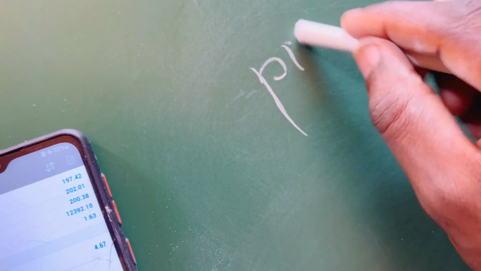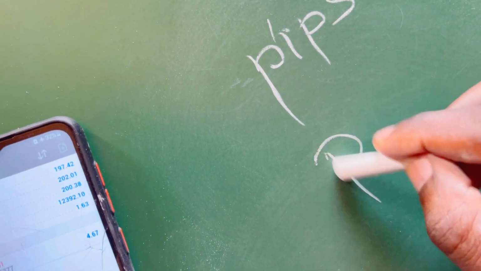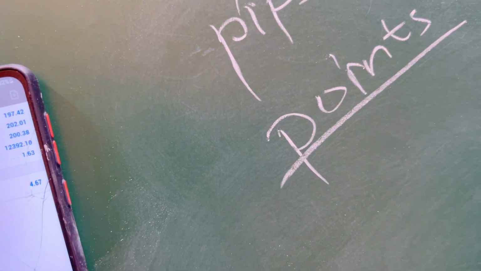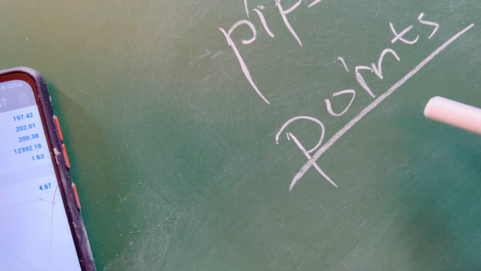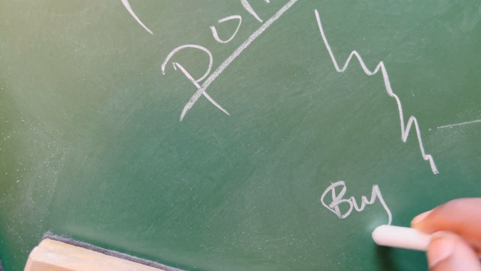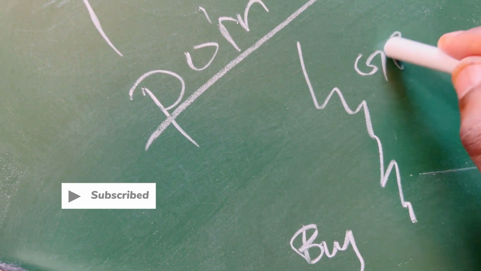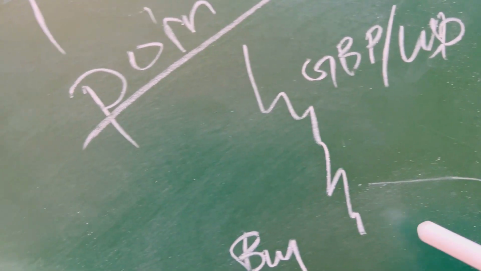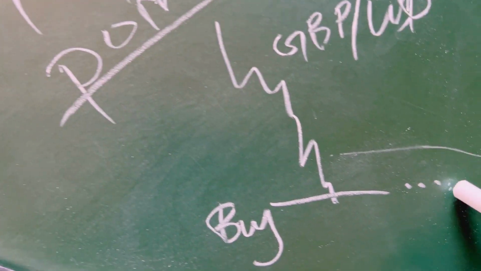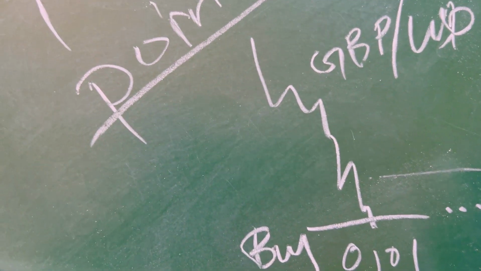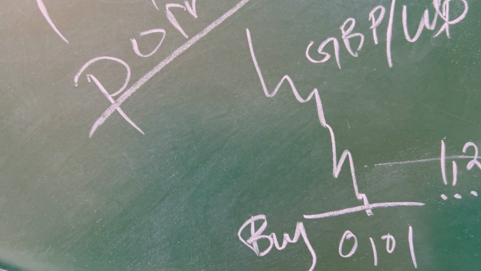And right now we have pips, and then we have points. Actually, the most important thing is the points. Let's say the market was heading down. You placed a buy on GBPUSD at this point, a buy of 0.01, and the price is at 124.000.